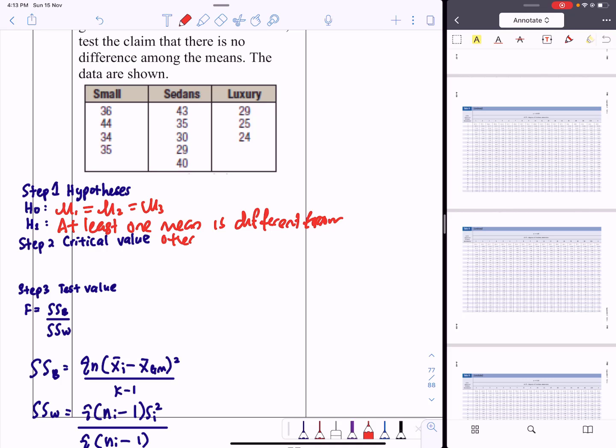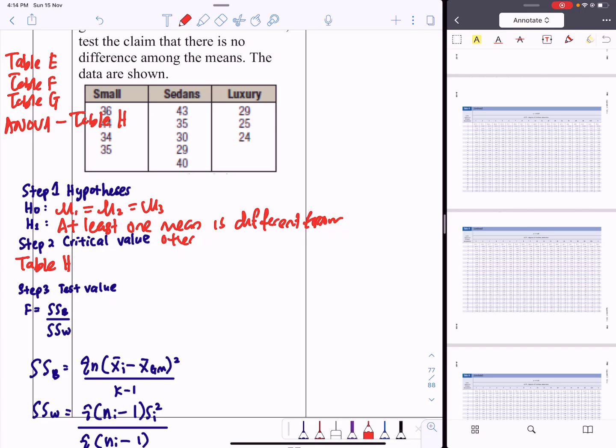Now we move to the critical value. For this critical value, we need to use table H. For ANOVA, we need to use table H. Before this, we learned to use table E, table F, table G. Those are the 3 tables we used, but now we will use table H. Do make sure that you know what table to use.